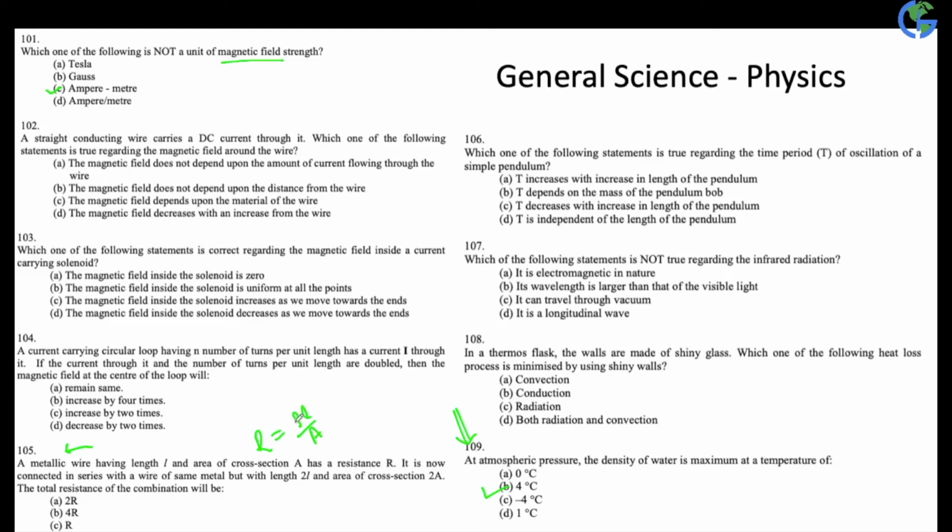So if you increase the length by 2 and the cross section area to 2A, there will be no difference in the resistance, right? Because in 2L and 2A, the 2 will cancel out. So the total will be R plus R, it will be 2R. So that's how you have to approach it. So you should know this basic formula. You must know the basic formula of resistance, right?